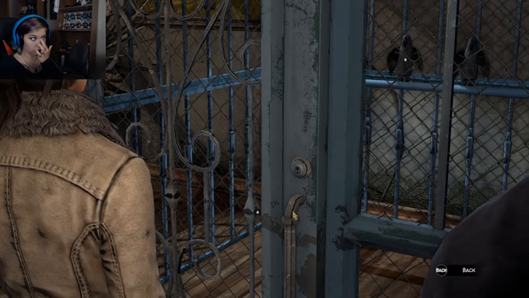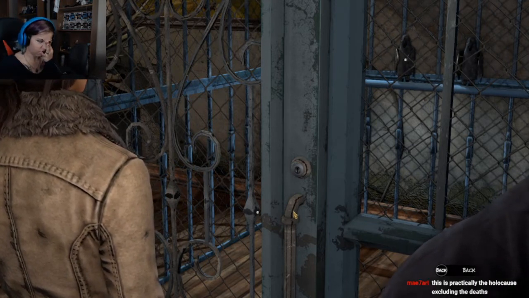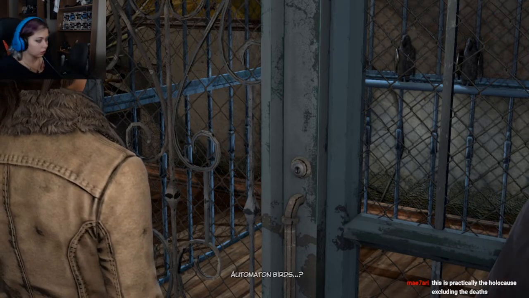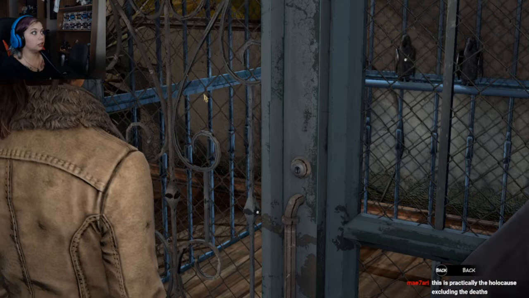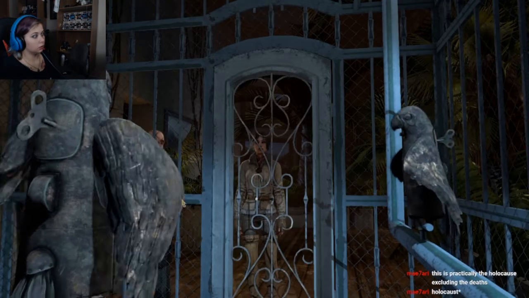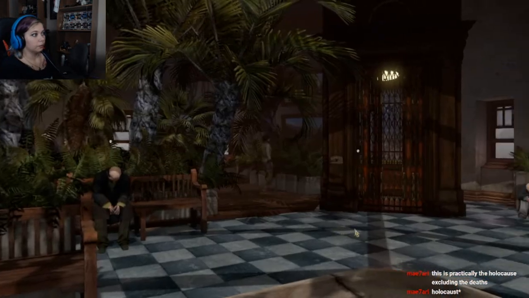It's like right in the corner of this one, and it's bothering me. Automaton birds? That's what I was saying.